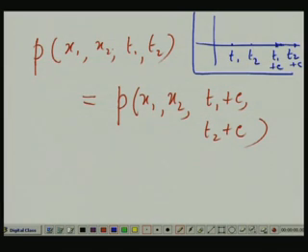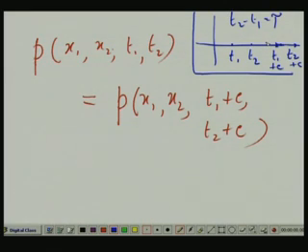So, if you call t2 minus t1 equal to tau, it amounts to saying that the joint density of two random variables situated at a gap of tau, whether you see them at t1 and t2 or at t1 plus c and t2 plus c, as long as the gap remains the same, you should see the same density.